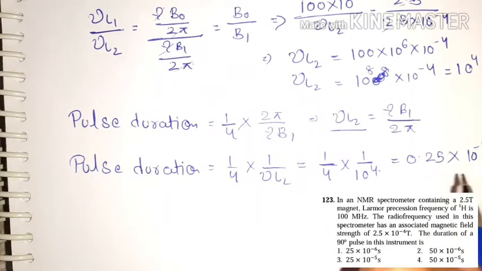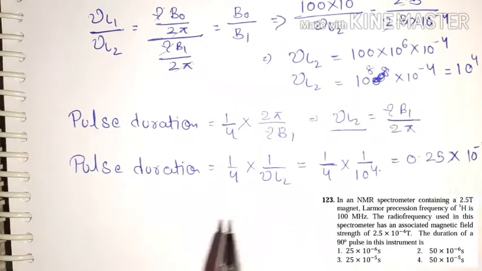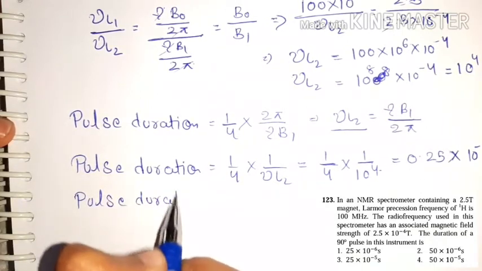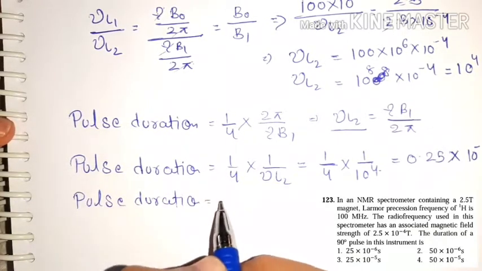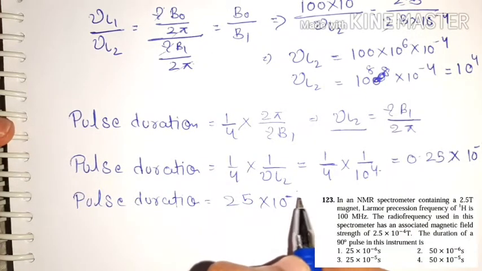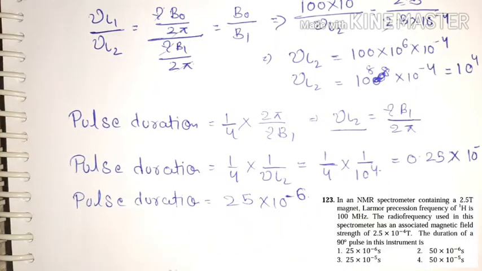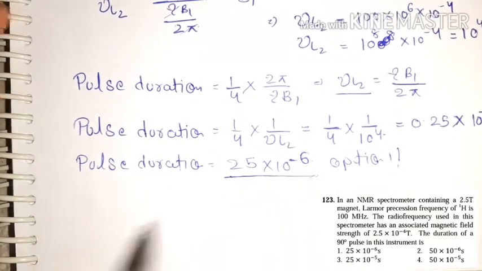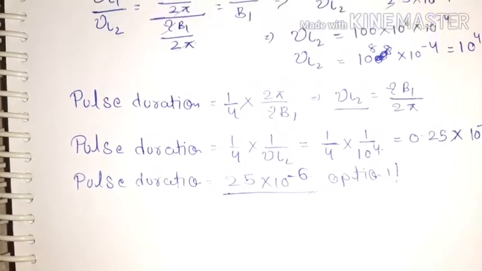So this is 0.25 into 10 to the power minus 4, or we can say the pulse duration is 25 multiplied by 10 to the power minus 6. So this is your answer, and option number first is the correct answer for this question. Understand? 25 multiplied by 10 to the power minus 6 is the pulse duration.